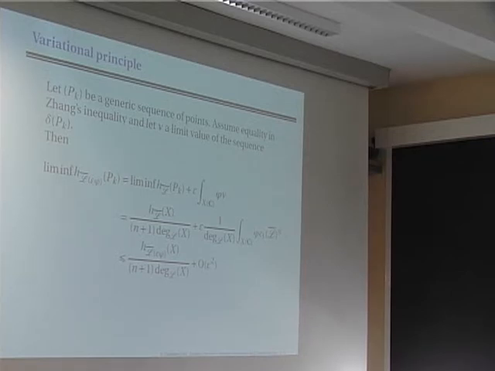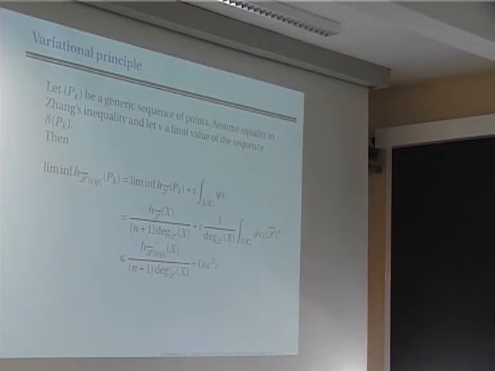So what I said is the infimum limit of h L bar of epsilon phi for p_k on one side is equal to the infimum limit of h L bar of p_k plus epsilon integral of phi nu.